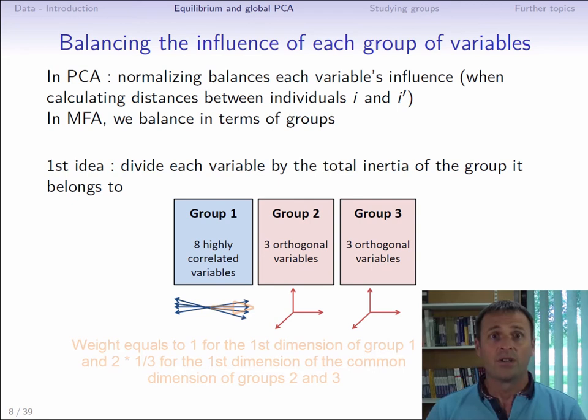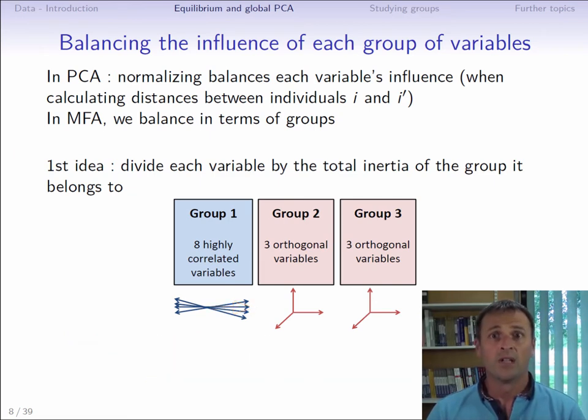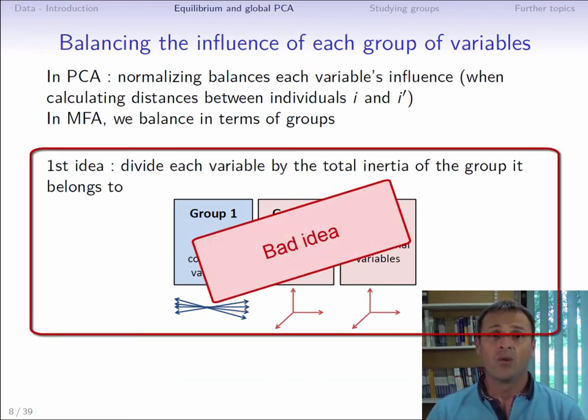Consequently, the first dimension for the overall analysis will coincide with the first dimension of the first group. But we are looking for some kind of balance in order to find common structures from one group to another. So we would in fact like to have appear the shared structure of groups 2 and 3.